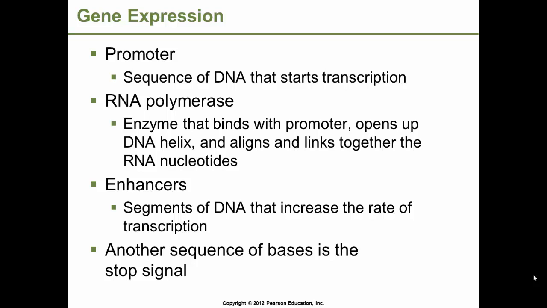So RNA polymerase actually looks for a specific promoter region for a gene to mark the beginning of that gene. The term enhancers refers to segments of DNA that increase the rate of transcription. There are other sequences of bases that signal stop sequences.